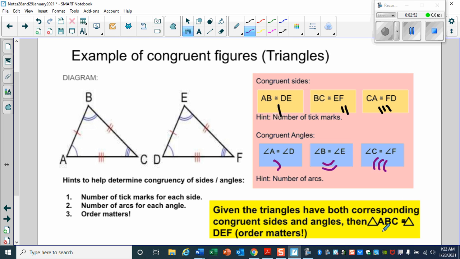Again, notice the order. Triangle ABC is congruent to triangle DEF. And if you want to, you can write your letters A, B, C over D, E, F, and that'll help you determine which angles are congruent to each other and which sides are congruent to each other.